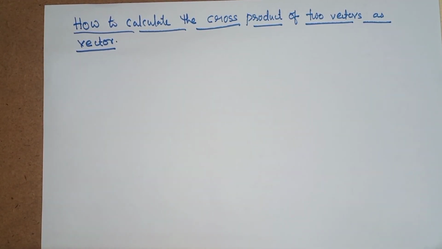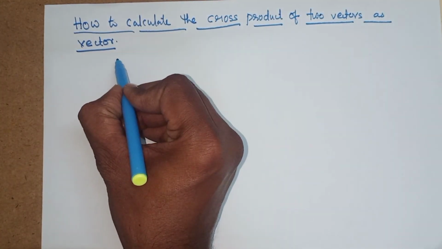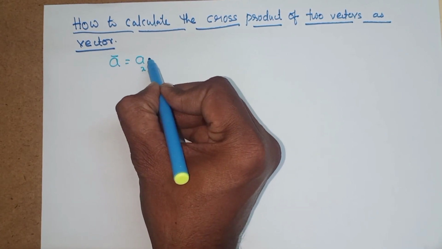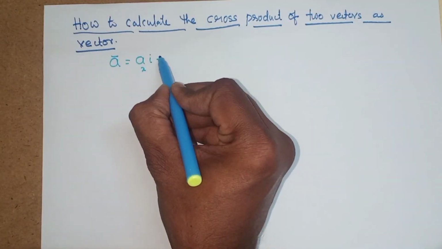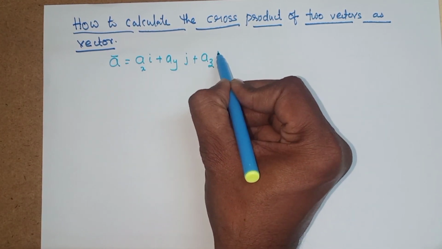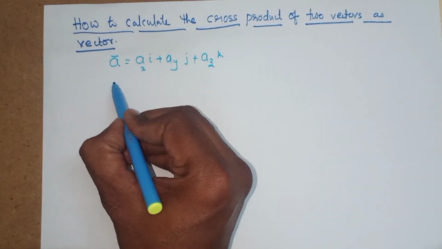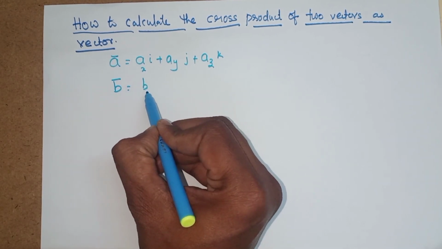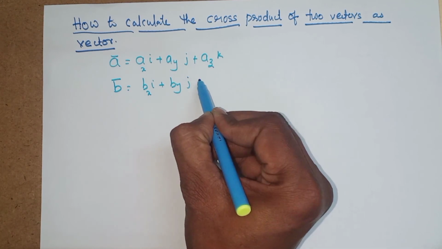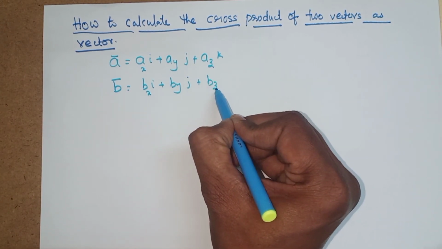How to calculate the cross product of two vectors as a vector? Let's say vector A is there. You can write it as x component AX i, y component AY j, z component AZ k. B vector is written as BX i plus BY j plus BZ k.